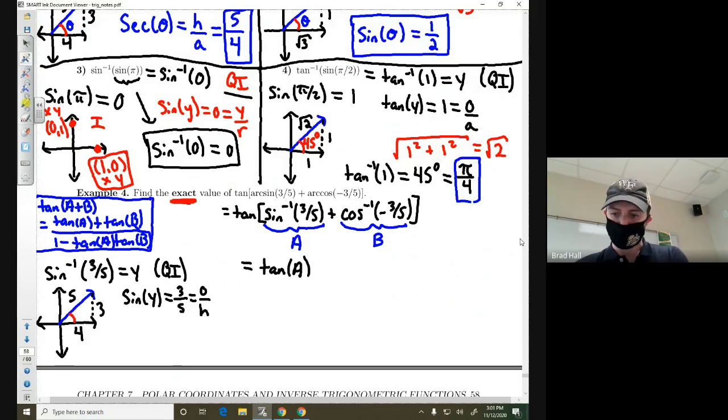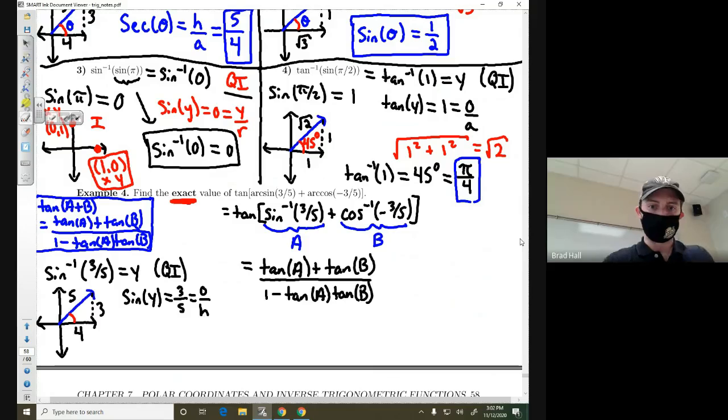So this is tan of A plus tan of B. I'm going to erase all of this, because as long as we are careful with our labeling, it works out perfectly.